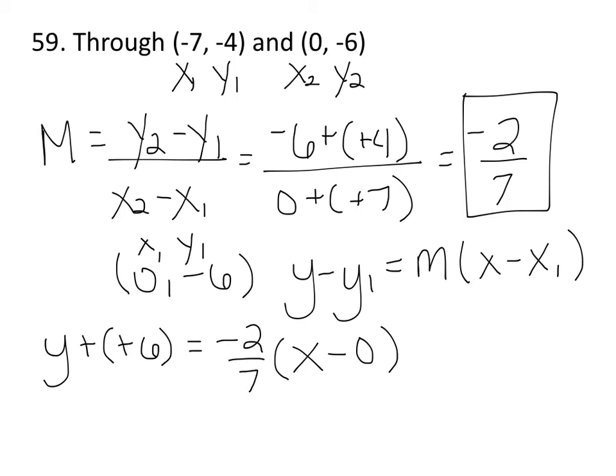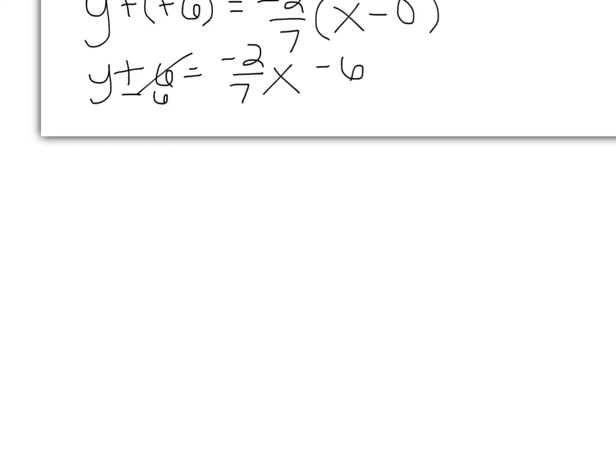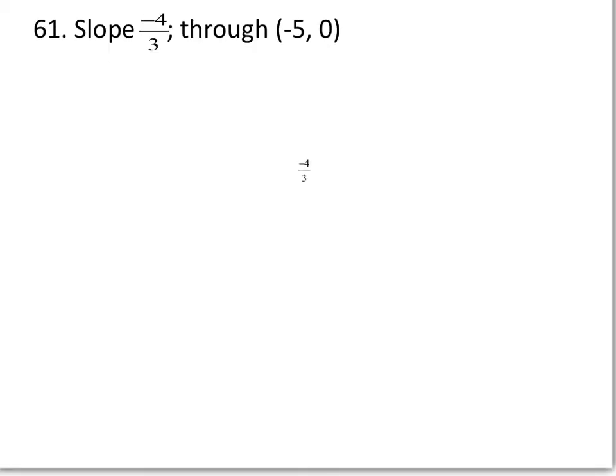So add a line, change a sign. Y plus 6 is equal to negative 2/7 x. And they want this in standard form. So I am going to actually subtract 6 from both sides, giving me y equals negative 2.